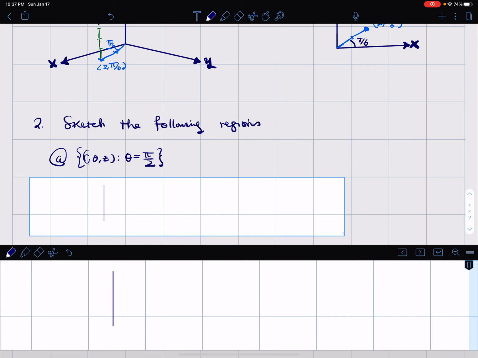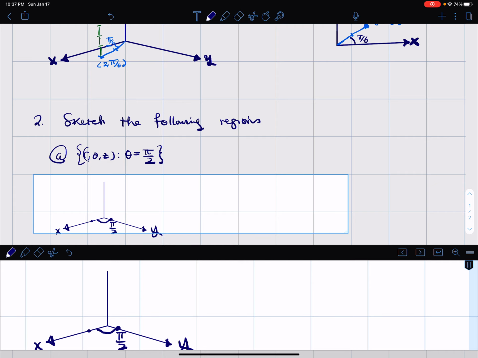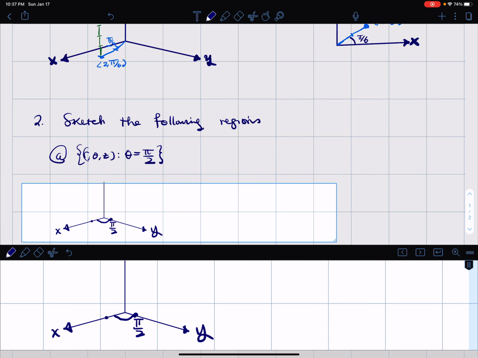So we have the z axis, the y axis, and the x axis. If we start from the x axis, pi over 2 is right here, 90 degrees. All we're doing is running along the y-axis.